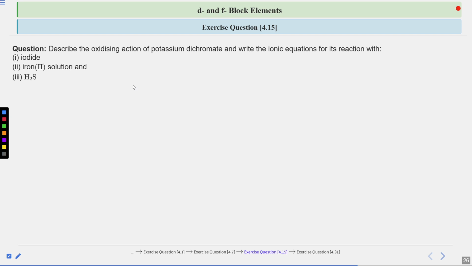So you have to tell the oxidizing action of potassium dichromate, and the ionic equation when potassium dichromate reacts with these three: iodide, iron(II) solution, and H2S. I'll give you some time to try to solve this, then we will see the correct answer.